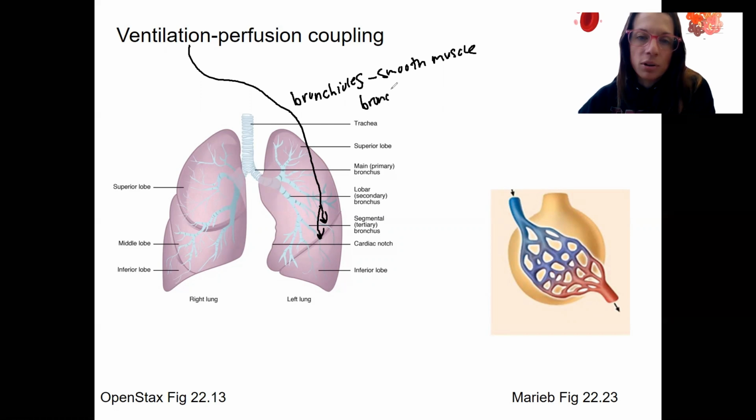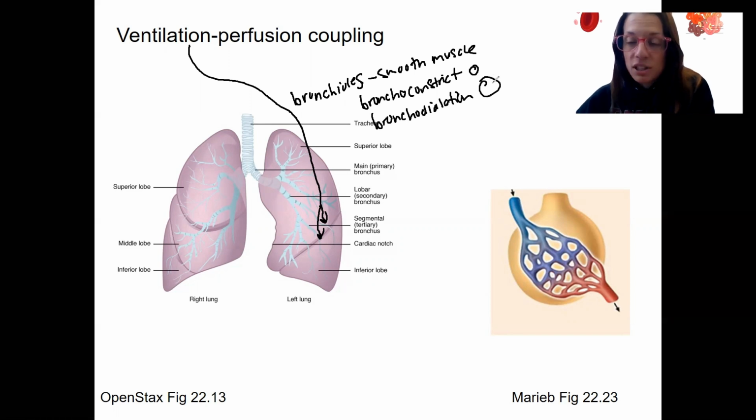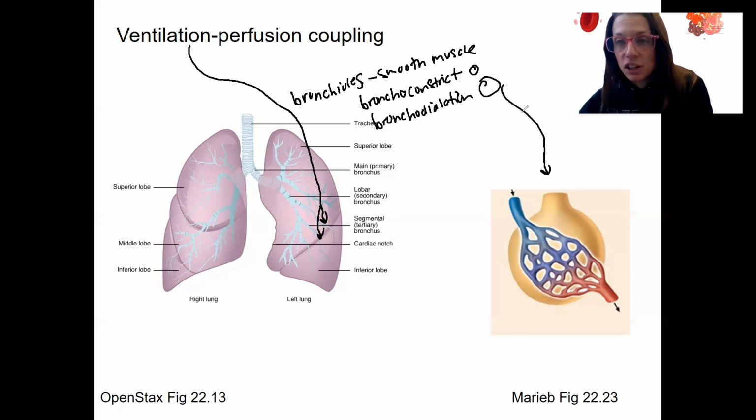So we can have bronchoconstriction to restrict and reduce the size of that airway, the lumen, or bronchodilation, which makes the lumen larger and is going to regulate fresh air entering the alveoli ultimately. So larger lumen, increased ventilation.